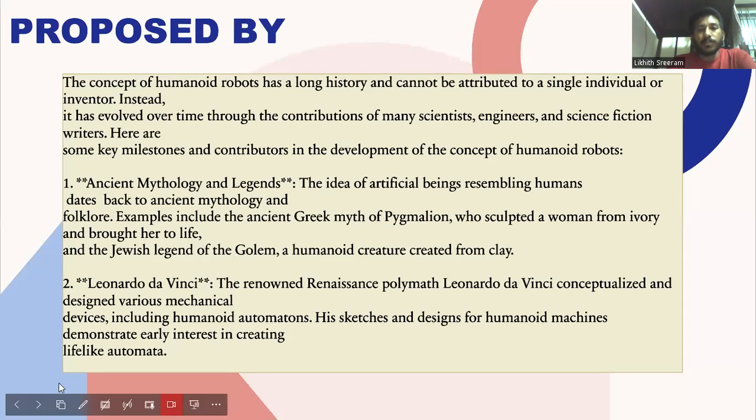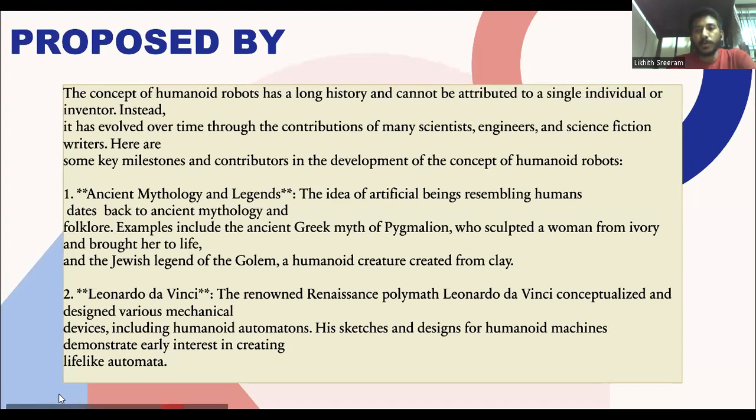The next topic is the proposed information of the humanoid robots. The concept of humanoid robots has a long history and cannot be attributed to a single individual or inventor. Instead, it has evolved over time through the contributions of many scientists, engineers, and science fiction writers.